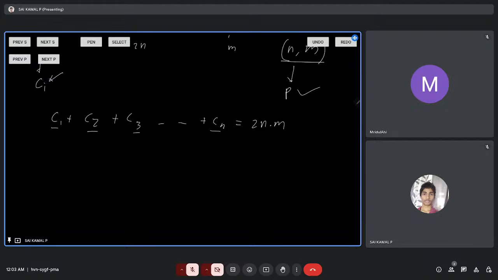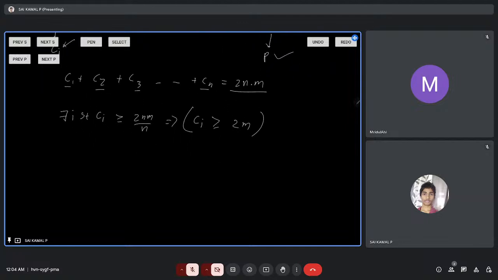What this means is that there should exist at least one Ci which is greater than or equal to the even split, which is the minimum possible value. So there exists at least one i such that Ci is greater than or equal to 2nm divided by n, the total number of colors. So there exists an i such that Ci is greater than or equal to 2 times m.